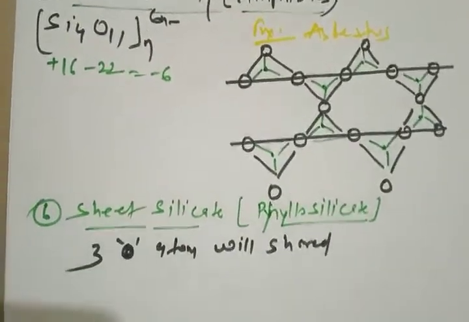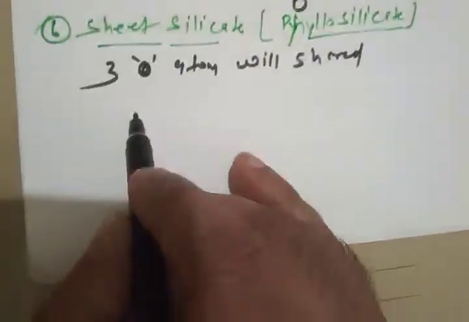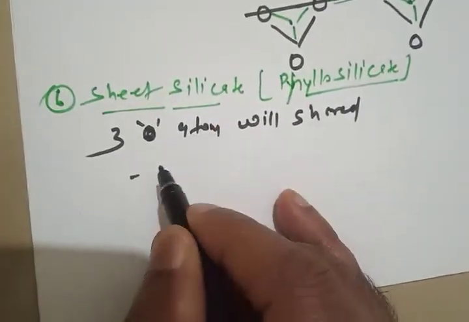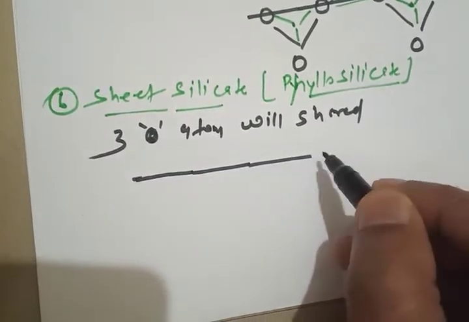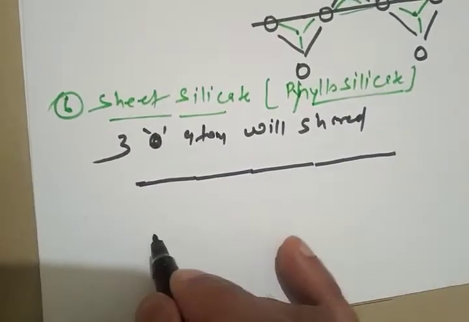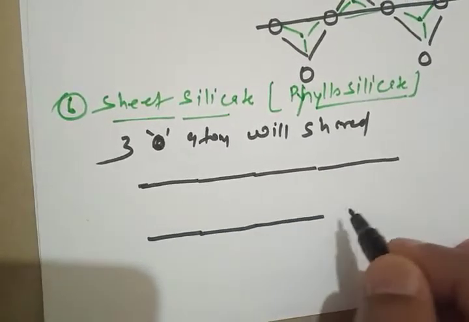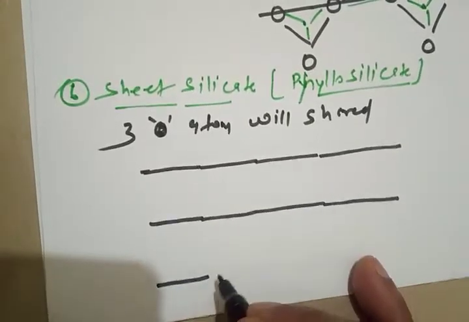Okay, so we'll draw the 3D structure of the sheet silicate. Here I'm putting one line, then the second line, then the third line.